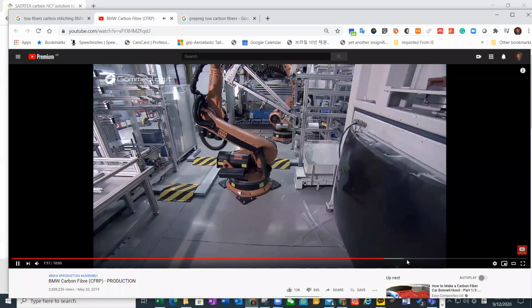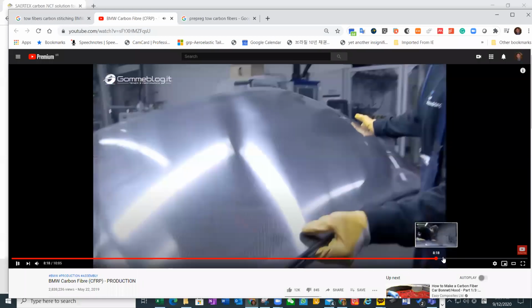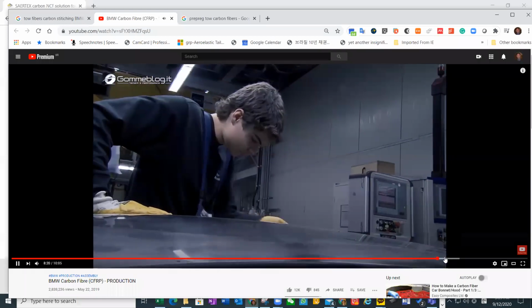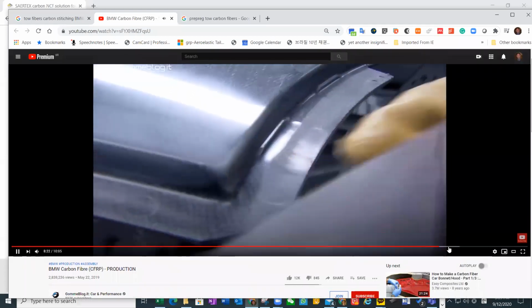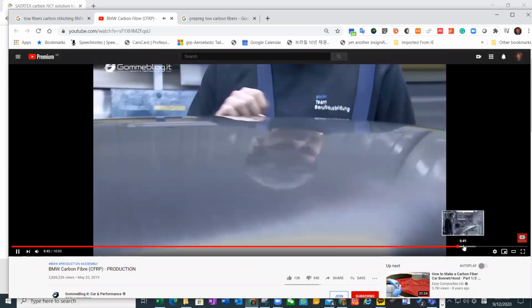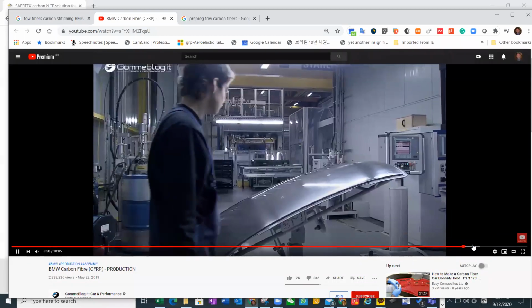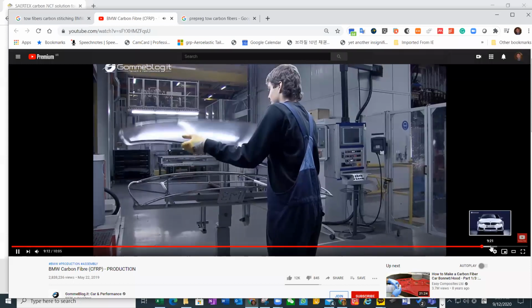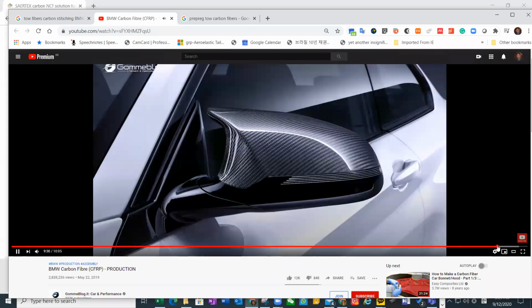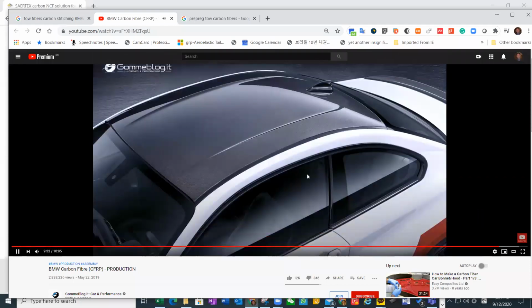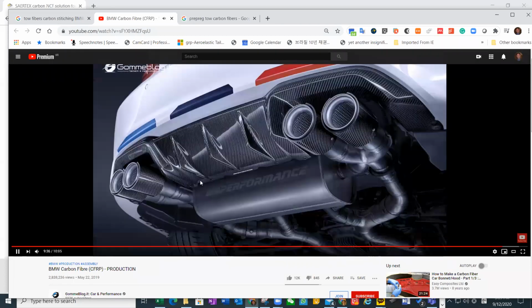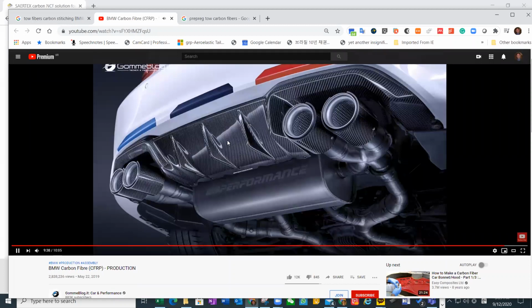Now you can see this is the final product for the roof of the BMW i3. This is just one roof BMW produces.